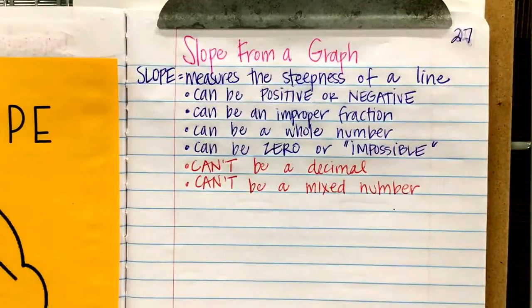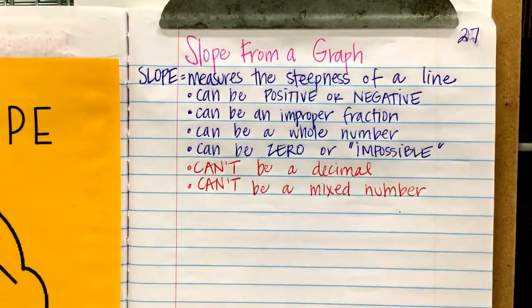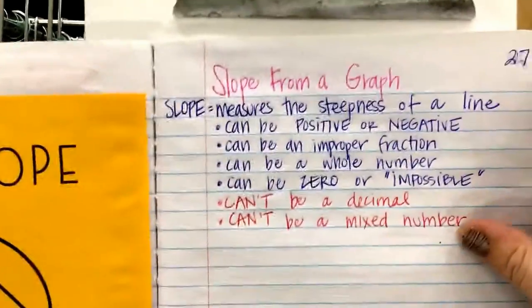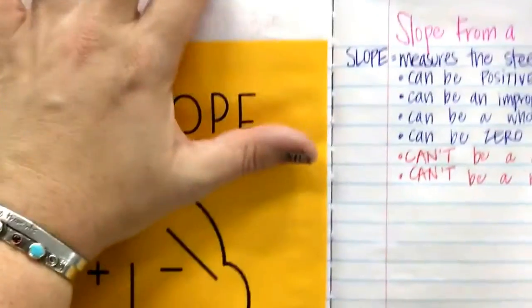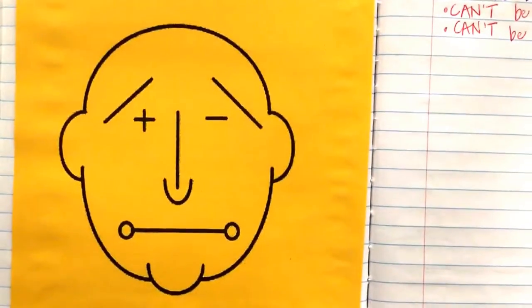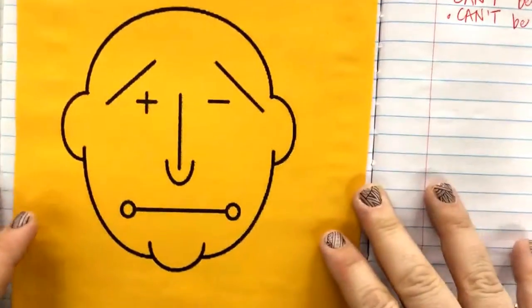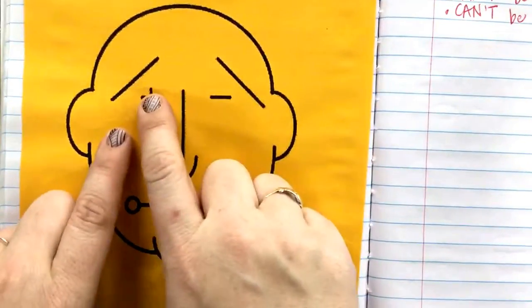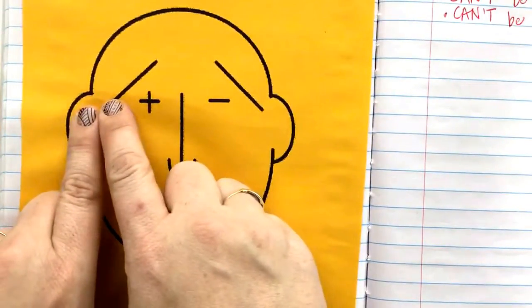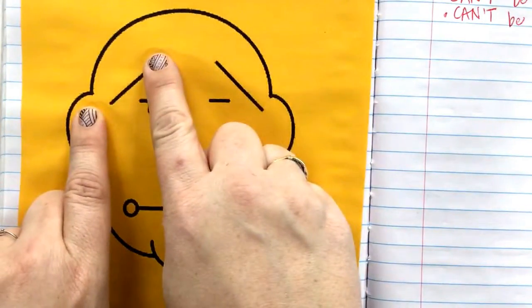All right, so let's look at Mr. Slope. So here's Mr. Slope's face, right? A positive slope goes up from left to right, right?